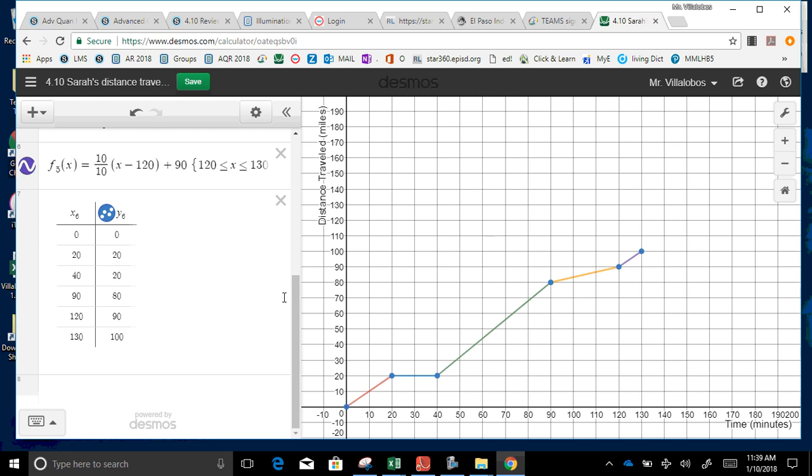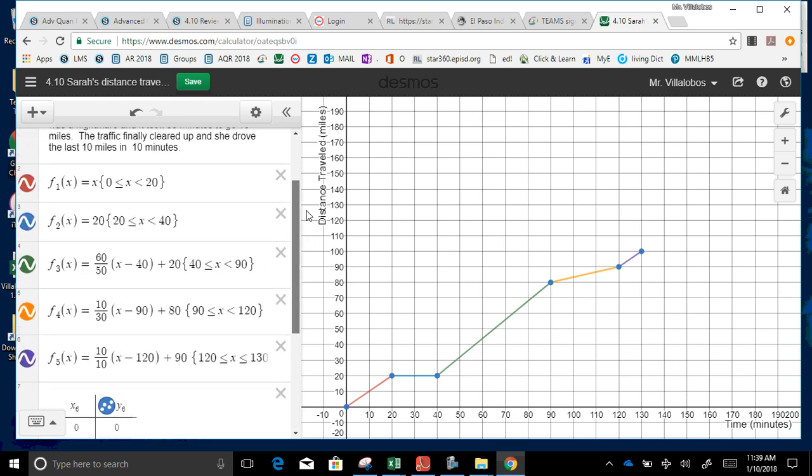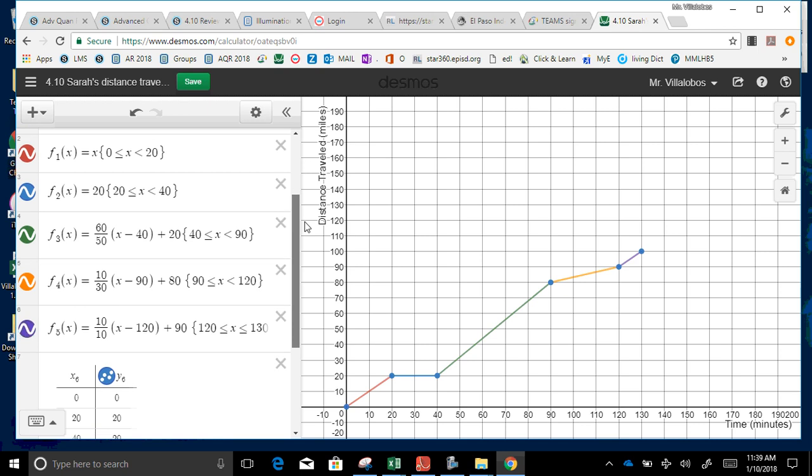Okay. So this is how you complete the piecewise function in Desmos. Next video, we'll see what it looks like if we transform the function by having her start 15 minutes later, take twice as long for every part of the trip, and also go half as far in the same time, and also start 30 minutes earlier but go twice as far.